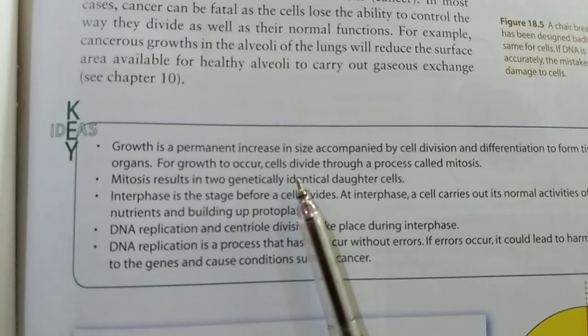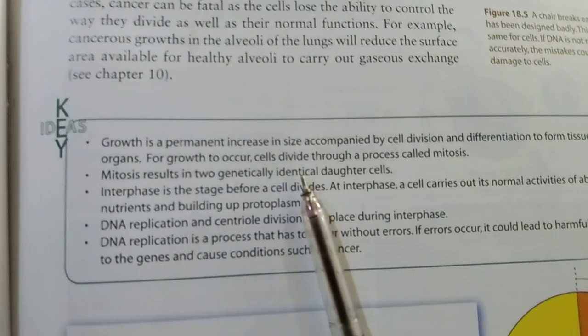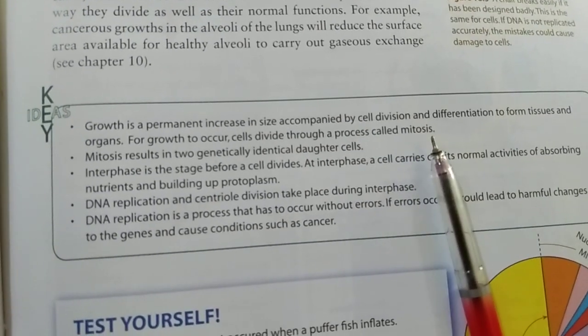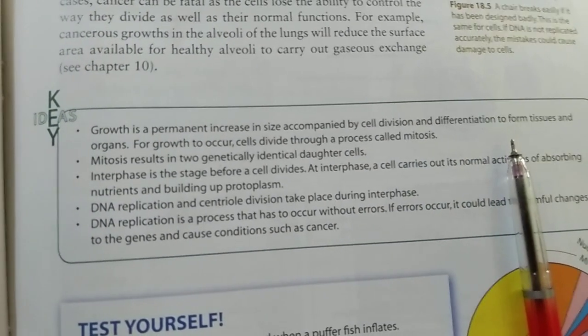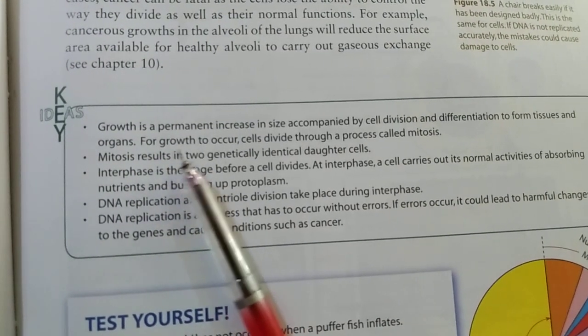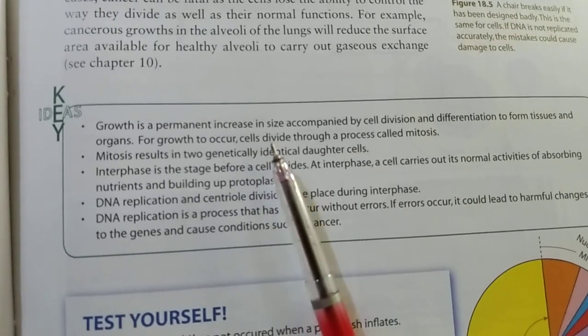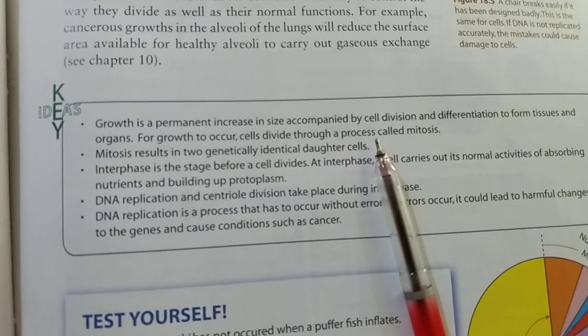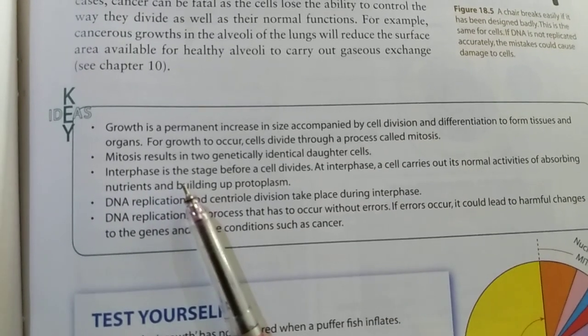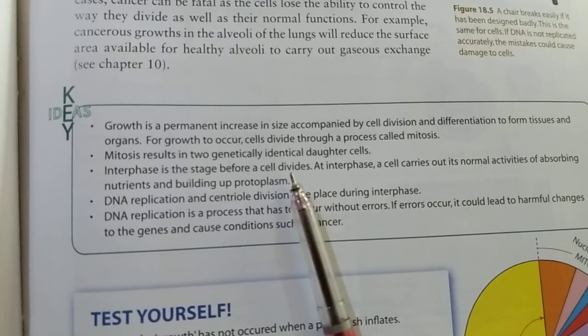Growth is a permanent increase in size accompanied by cell division and differentiation to form tissues and organs. For growth to occur, cells divide through a process called mitosis. Interphase is the stage before a cell divides.